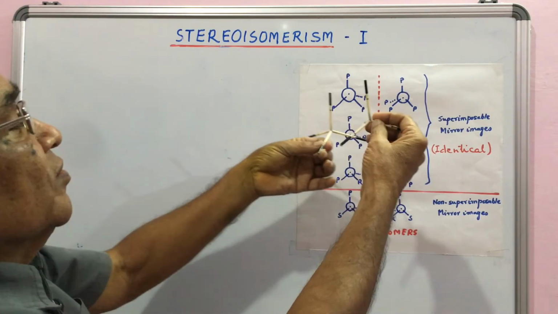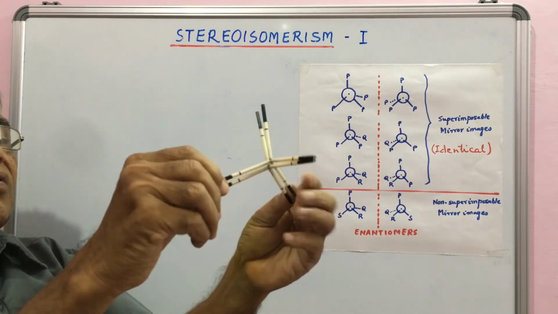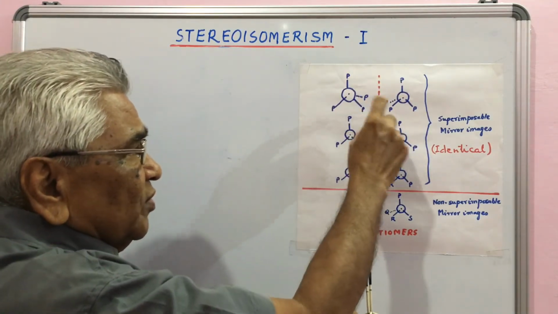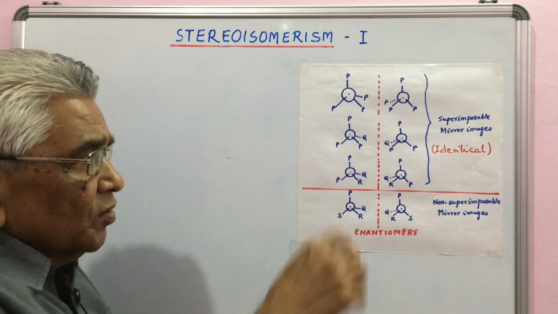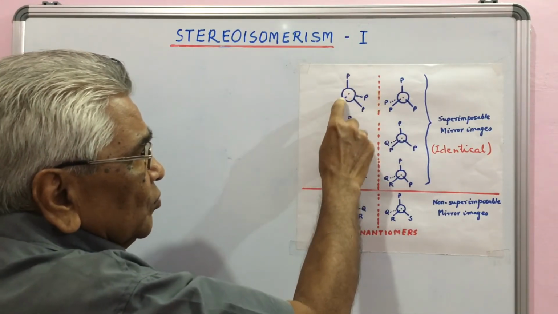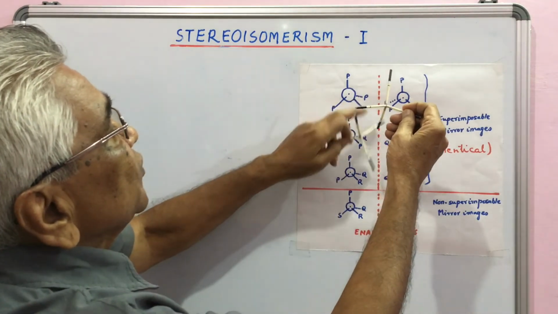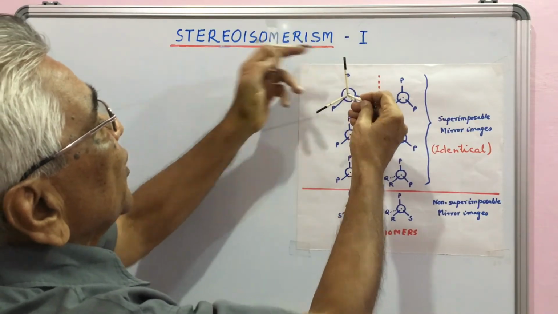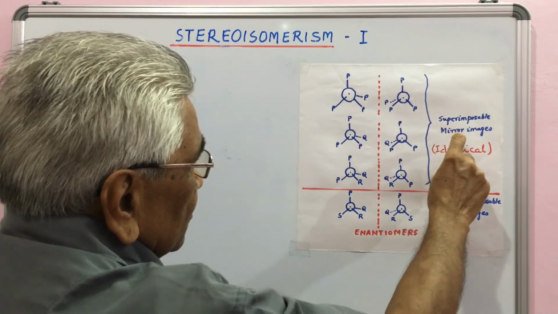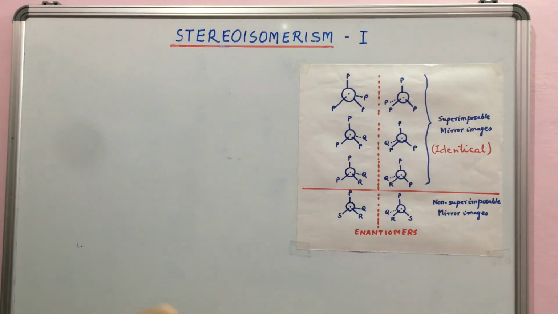And you will observe that if you put it on this, it superimposes. I have shown this by 4 P same substituents. So this is actually a ball stick model. This is carbon atom. These 2 P are coming out. This P is going back, and this is in the plane. So if all 4 are similar, they are superimposable mirror images, they are identical, no isomerism in that.